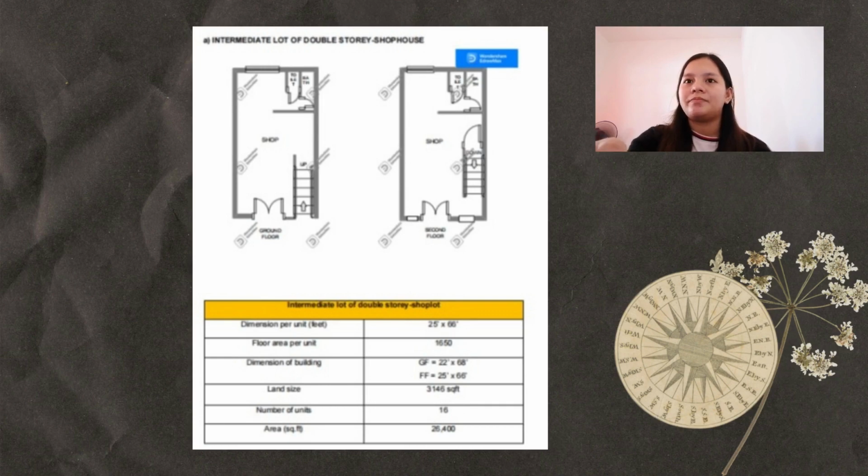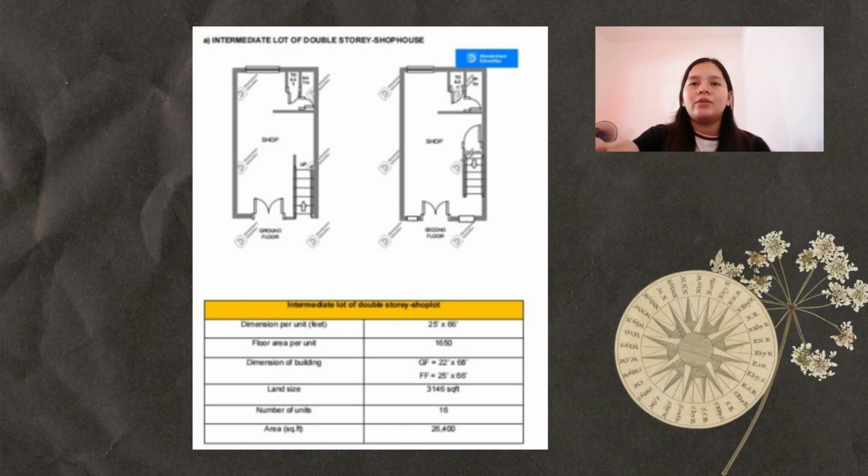For the second floor it is 25 multiplied with 60. We add the ground floor and the second floor, so we get a total of 3,146 square feet.